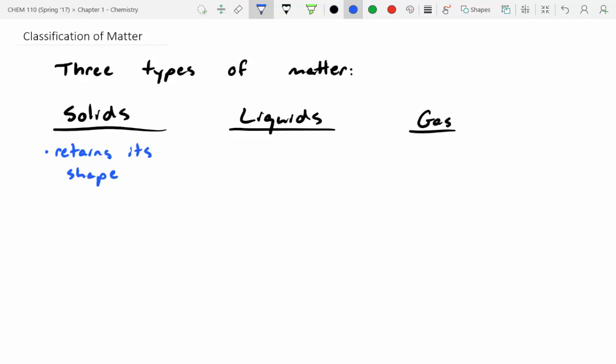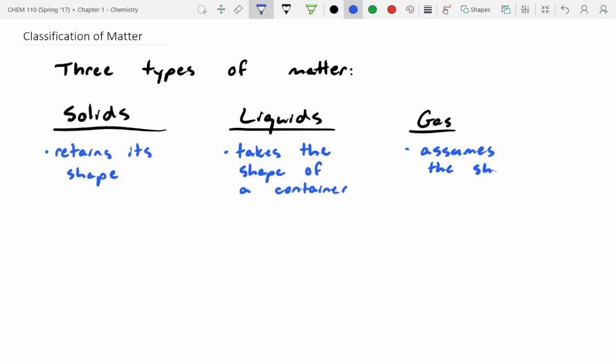It'll flow. And then a gas, what will a gas do? It'll fill up the entire container, right? So if I fill up my Nalgene with gas, the entire Nalgene bottle's full. The gas doesn't settle on the bottom. It'll just occupy the entire volume. So it assumes the shape and volume.